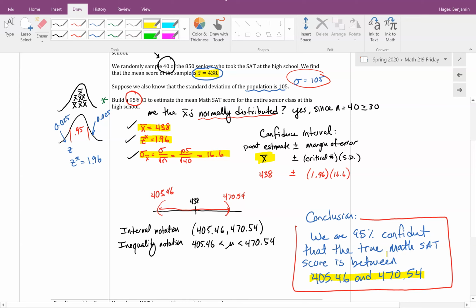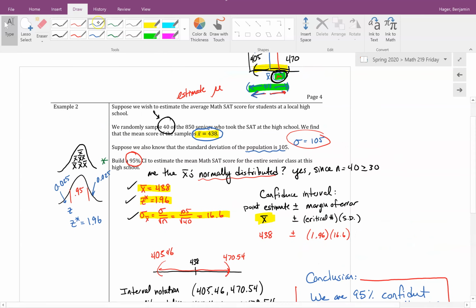Now let's get back to the idea I mentioned, that it's weird that we did not know the population mean, but we somehow knew the population standard deviation. Generally, you wouldn't know this if you didn't know the mean. Like I said with the sleep analogy, it's weird to say I don't know on average how many hours a night I sleep, but I do know that the standard deviation is 1.2.